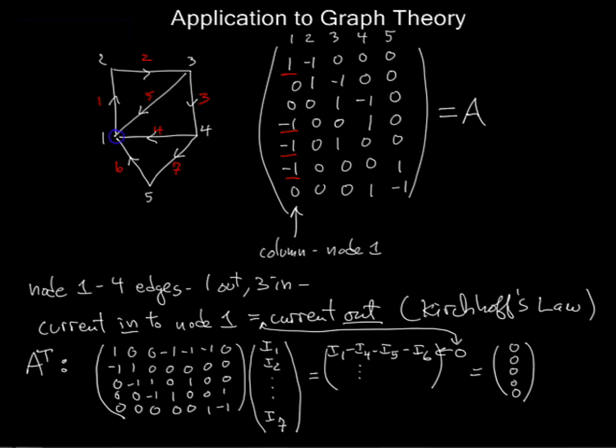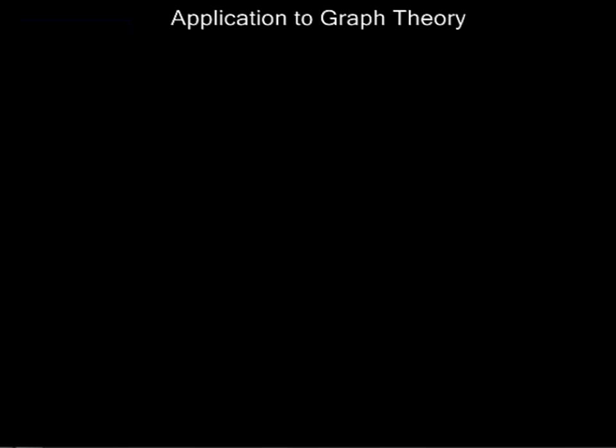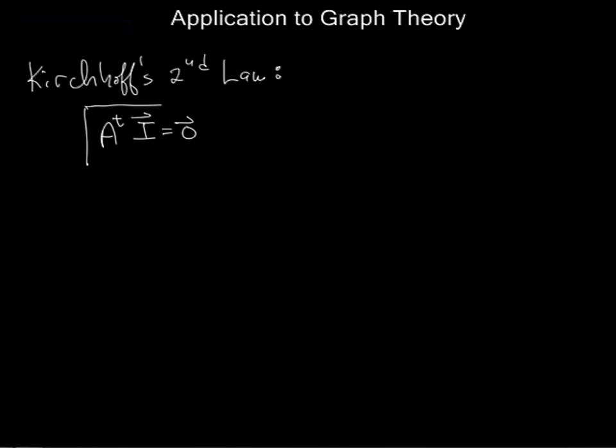That is to say the currents are in the null space of the transpose. So in other words, I've just captured Kirchhoff's second law as the matrix equation A transpose times the vector of currents is equal to 0. So that's kind of cool that you can encapsulate this law in such an elementary statement.